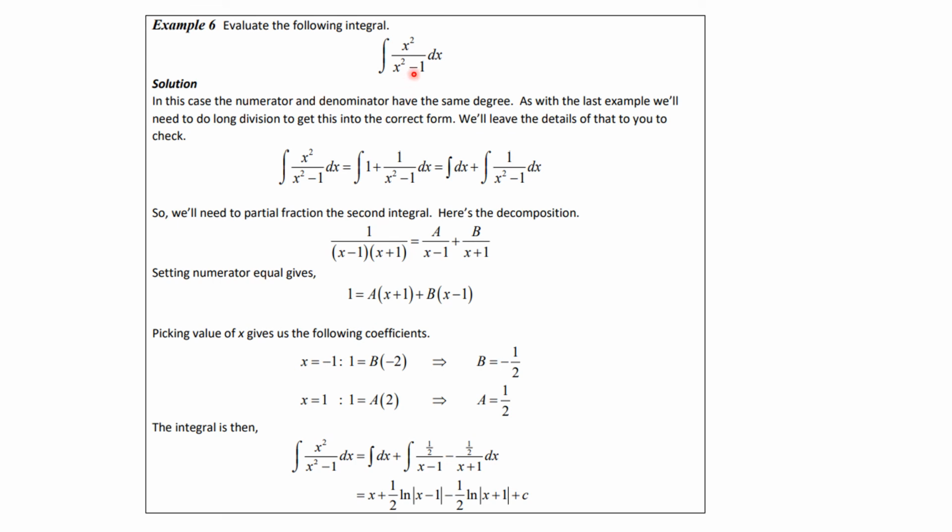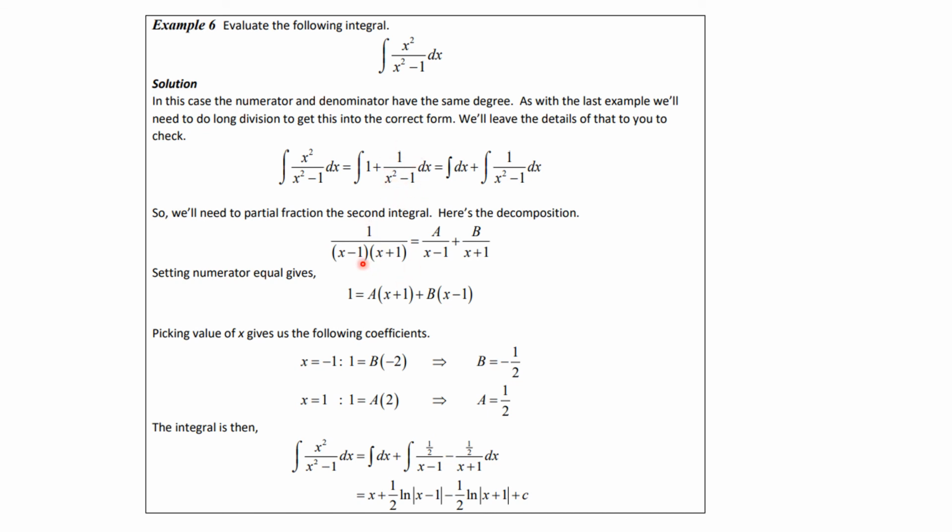Now, we have the same degree, so we have to use long division. I'm not going to do the long division, but if you divide x squared minus 1 into x squared, you get 1 plus, and this is 1 over x squared minus 1. I think I actually have asked this problem on a test before. So the only thing you're going to do partial fractions on is this.